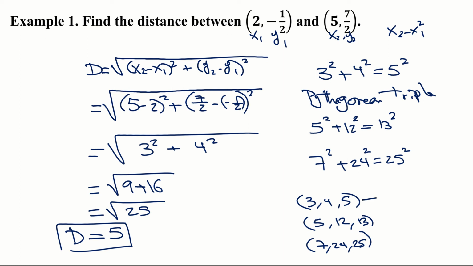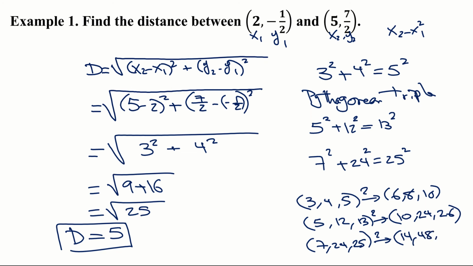For example, if I multiply this by 2, meaning each member of it by 2, we end up with the 6, 8, 10 Pythagorean triple. This one multiplied by 2 will give us the 10, 24, 26 Pythagorean triple. This one would give us the what? 14, 48, 50 Pythagorean triple.